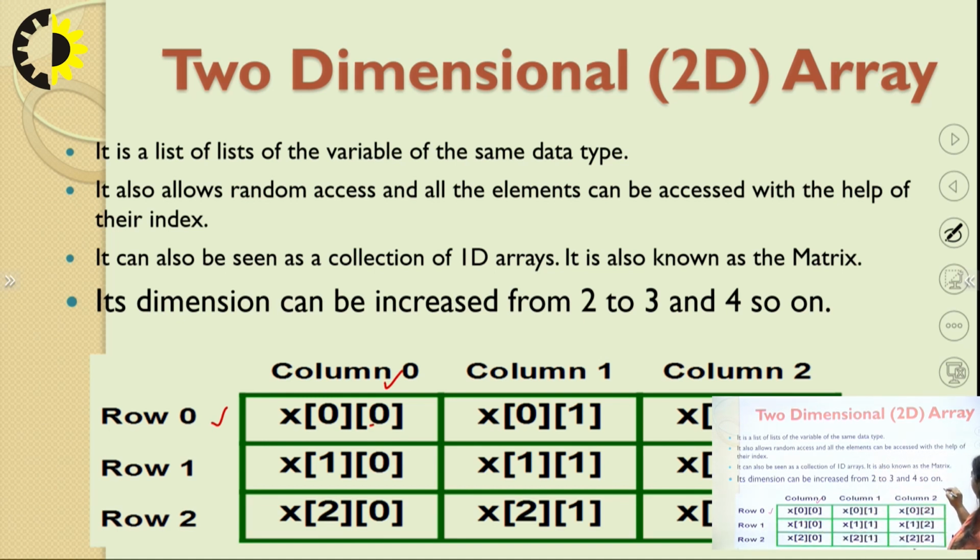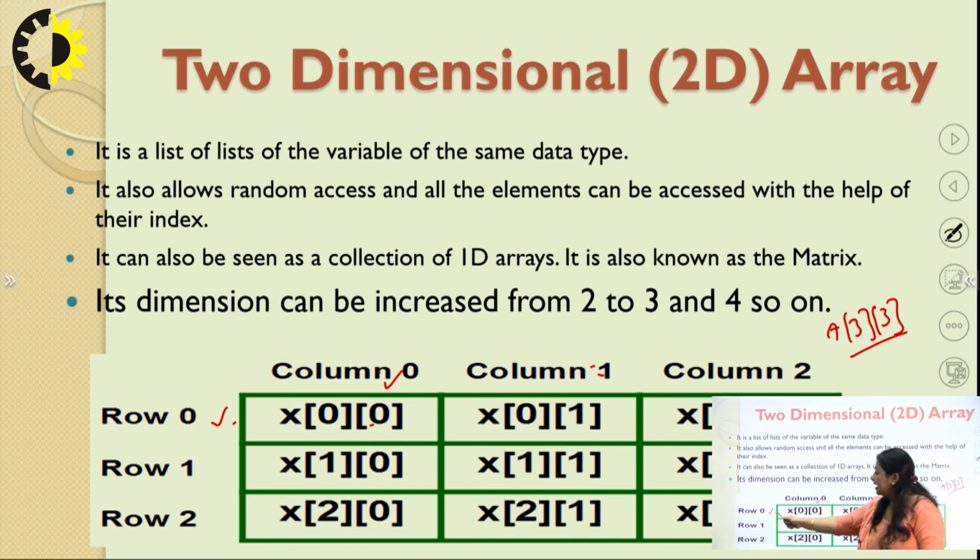It is a 3 by 3 matrix, with indexing values 0, 1, 2 and 0, 1, 2. So the indexing values of the first row are 0,0, then 0,1 and 0,2. Again the second row has indexing values 1,0, 1,1, 1,2 and the third row 2,0, 2,1 and 2,2.